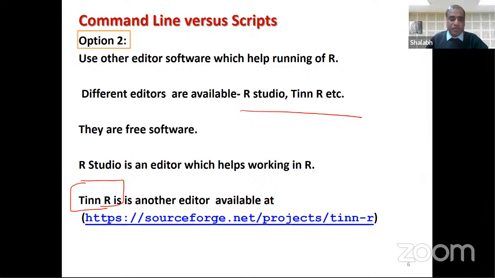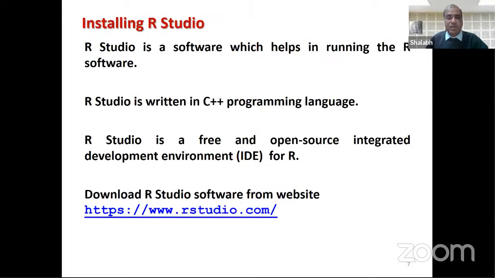So now we have one more software here, R Studio. This R Studio is a software which only helps us in running the R software. Please don't think that R Studio is a software for doing the computation and statistical calculation.